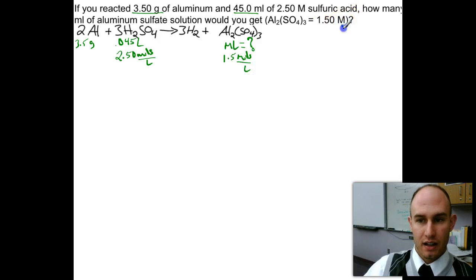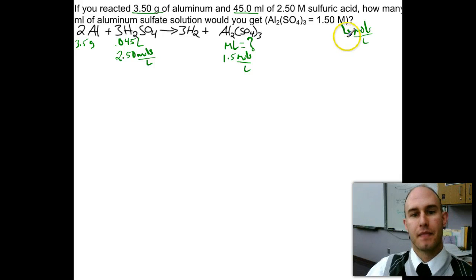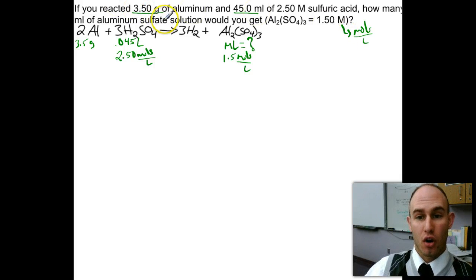Molarity, I always rewrite as moles per liter because that's really what it is. So this problem, I'm going to start with my 3.5 grams of aluminum because that's the only one that has one thing here. And I'm trying to go from grams of aluminum to milliliters of aluminum sulfate.